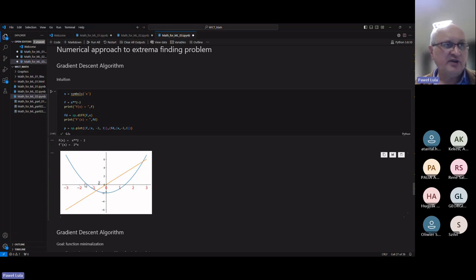And at this point, the situation is the same. The value of the first derivative is negative. So I should go in the direction which is opposite to the value of this gradient, to this, and this, and this.